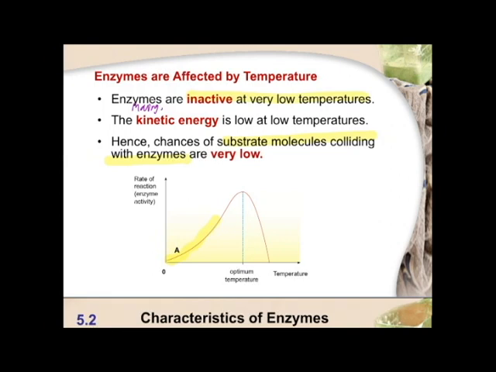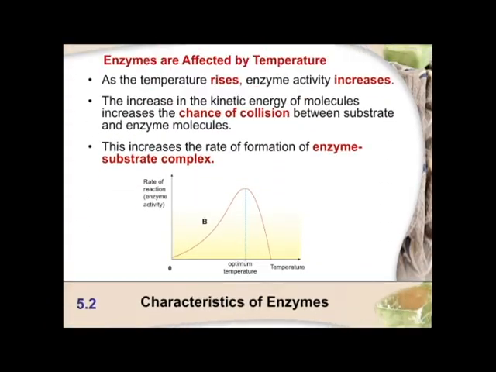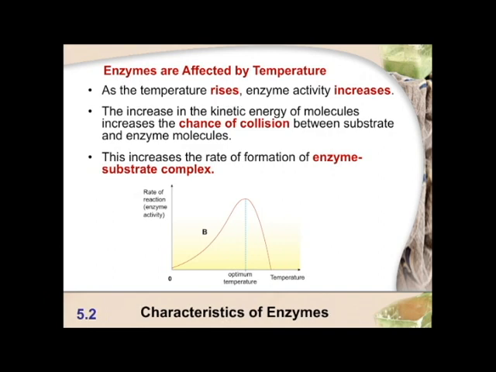And of course, by increasing the temperature, the rate will increase because you are supplying more kinetic energy, and therefore increasing the chance of the enzyme being able to collide with the substrate. Next, when there is an increase in kinetic energy of the molecules, there's an increased chance of collision.